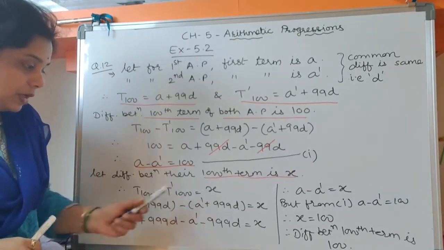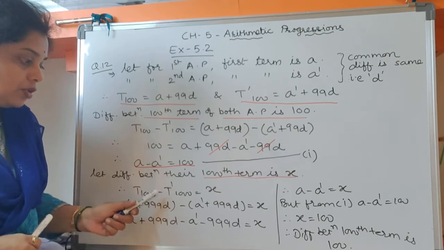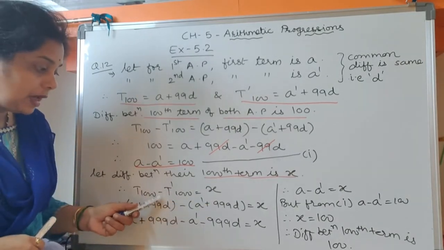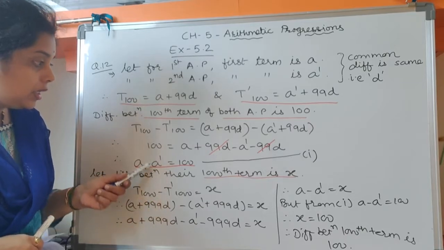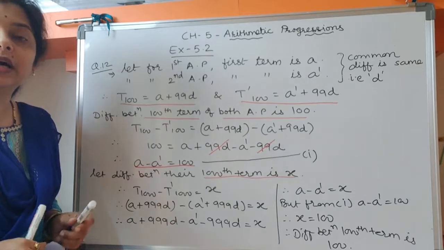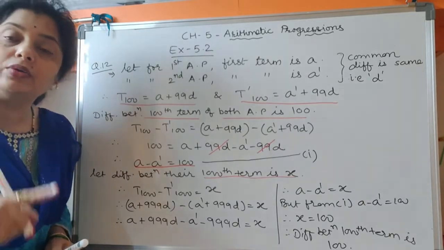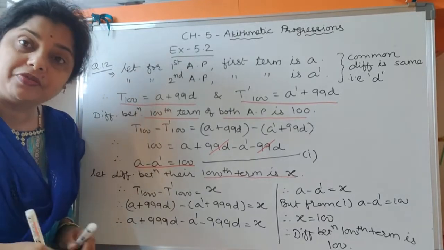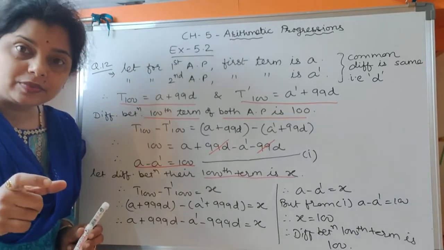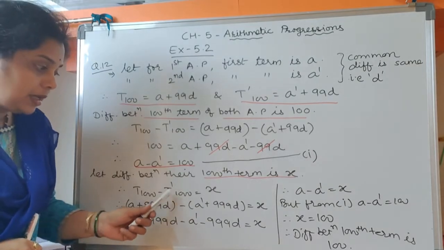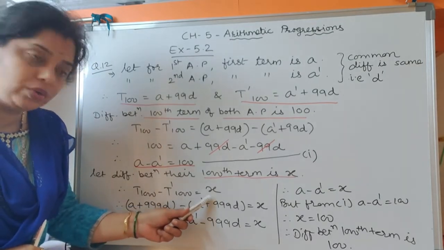So in this way we take T1000 minus T dash 1000 is equal to X. See why we are taking minus all the time? Because they are asking to find out the difference, and what is given is also a difference. Difference means there is a subtraction. Is it clear? So T1000 minus T dash 1000 is equal to X.